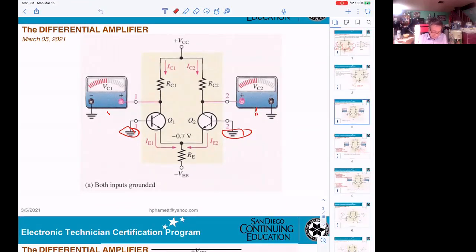And we already told you, if you apply input to the V1, that means input 1, then Q1 will be common emitter, okay? And Q2 will be common base.